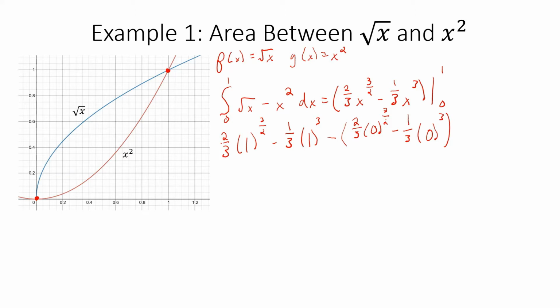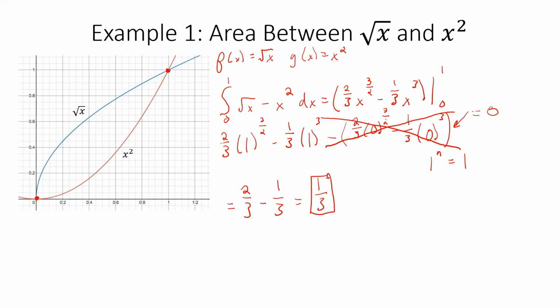This right half is equal to 0, so we can cross all of that off. We know that 1 to any power n is just equal to 1, so we can simplify this as 2/3 minus 1/3. Our final answer for the area between these two curves is 1/3.